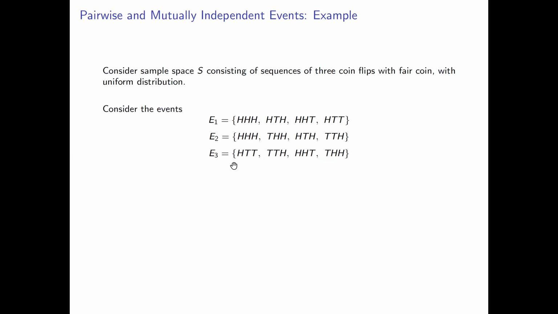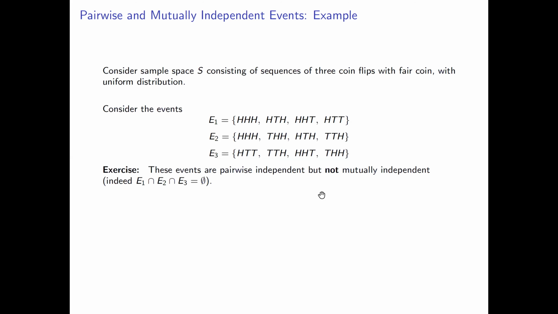E3 is the set of events where either the first or the third flip was a heads, but not both. So for example, heads, tails, heads is not in this set, even though it's in the first 2, because I can only have either the first or the third be heads in E3, but not both. So these are 3 separate events.